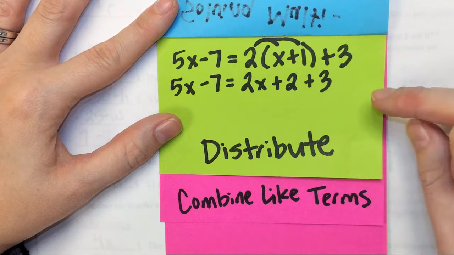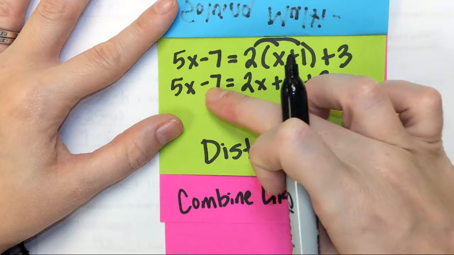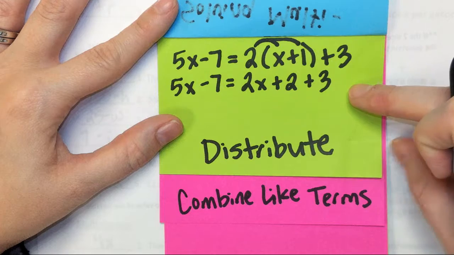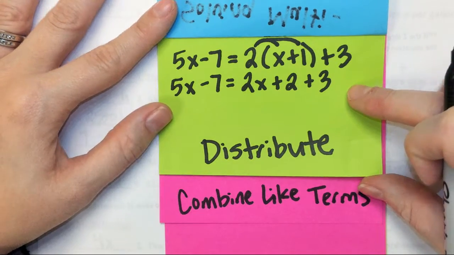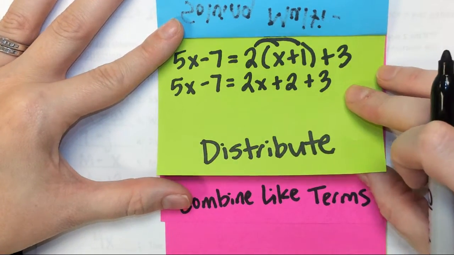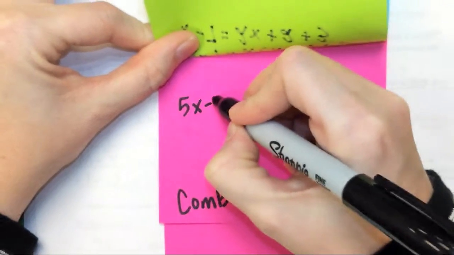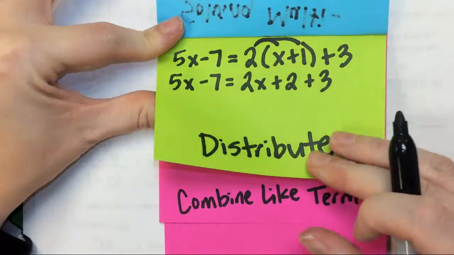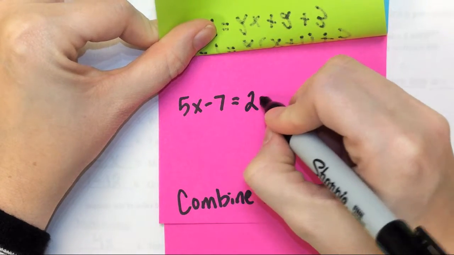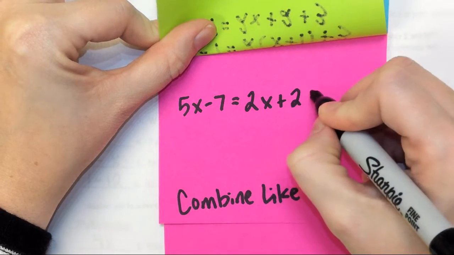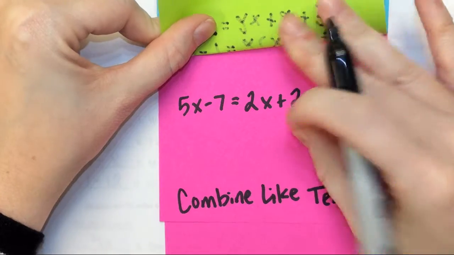And then what we're going to do underneath the next tab is we're going to write the last step of the problem, and then we're going to do the next step. So the last step, we had 5x minus 7 is equal to 2x plus 2 plus 3.